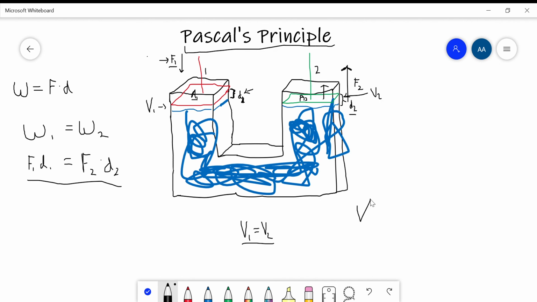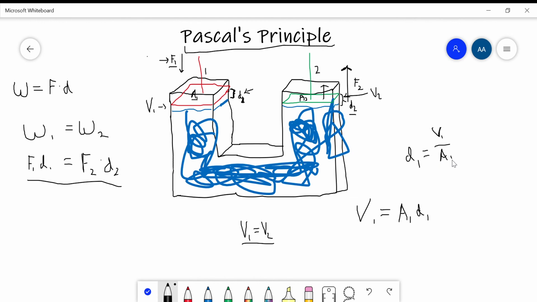You might be overthinking it a little, but it's actually just V1 is equal to A1 times D1. Now let's say we wanted to solve for D in this equation. So D1 is equal to V1 over A1.